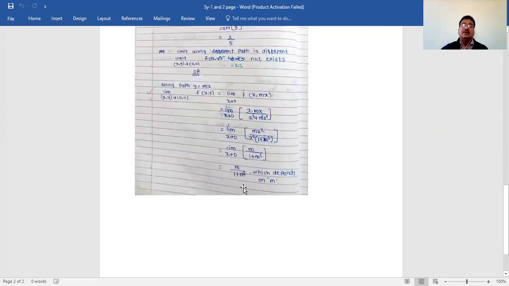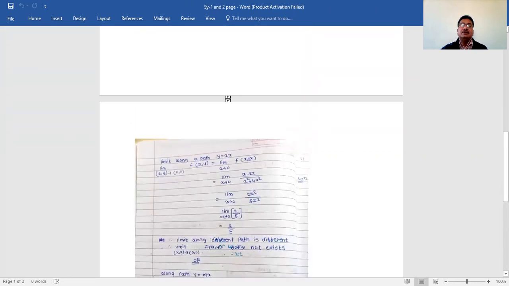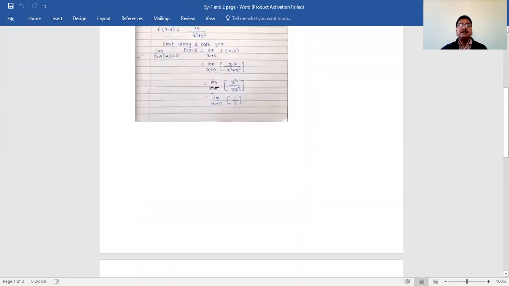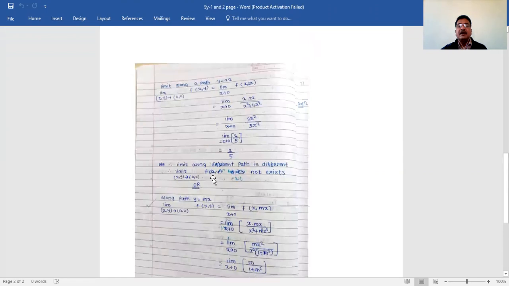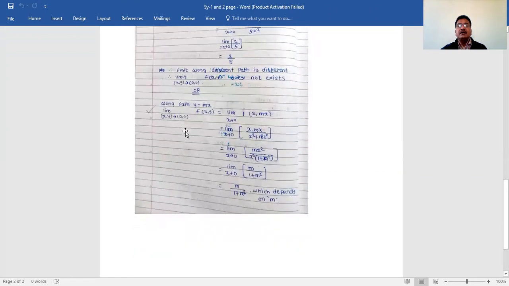And that's why we either use this method, to find two separate paths along which the limits are different, or use this method, that is, find the limit along a path that includes m. This is not a fixed path. For another example, we can use y equals mx square or x equals my.